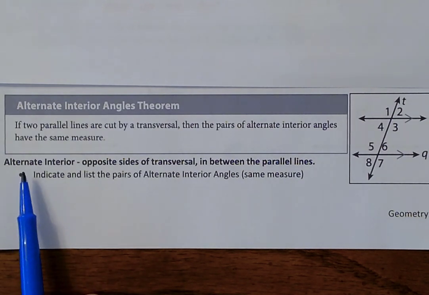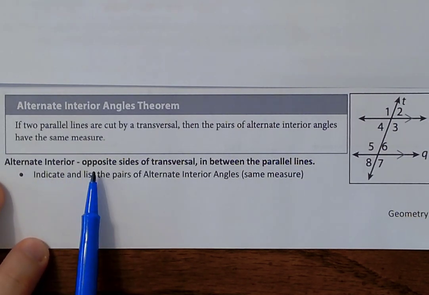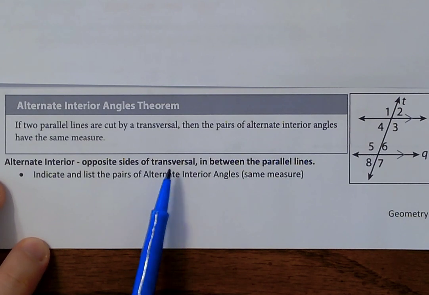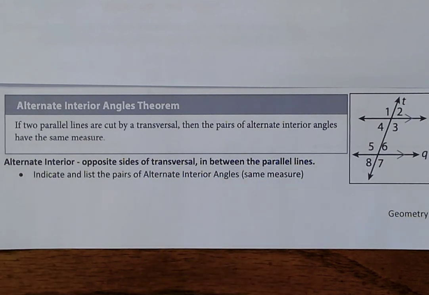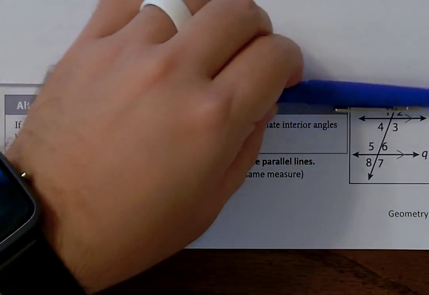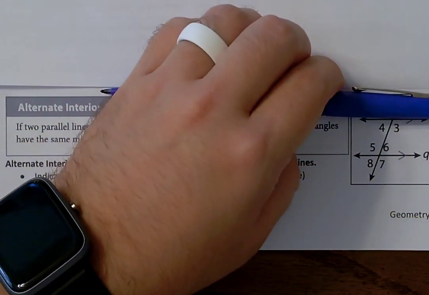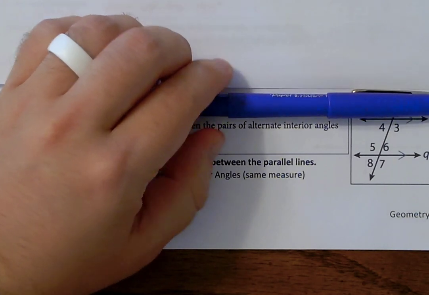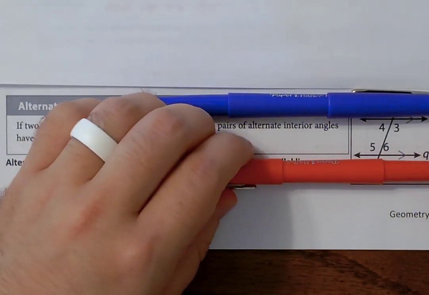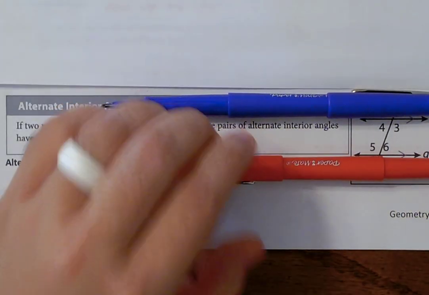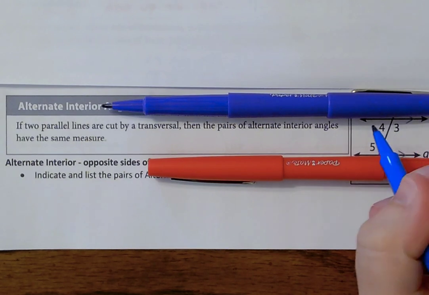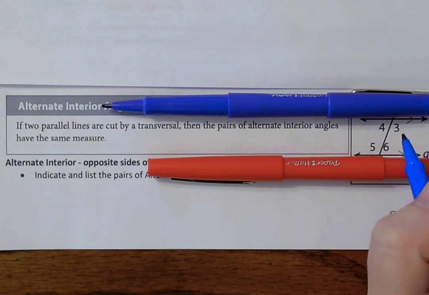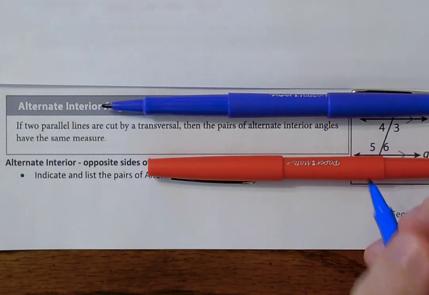Recall, alternate interior angles are on opposite sides of the transversal, and they are in between the parallel lines. So the first step is we're going to be in between the parallel lines, just like we were with same side interior. So we're in between the parallel lines, and they are on opposite sides of the transversal. So that means angles 4 and 6, and then 3 and 5.